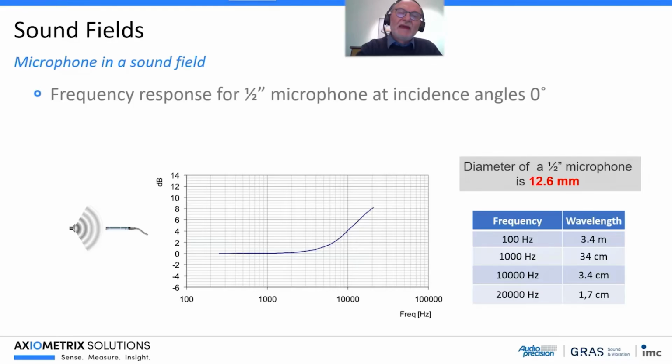The influence of using the half-inch microphone pointing at the source is according to the blue graph here. So above 20 kilohertz we are almost 8 dB higher. So we are making a wrong measurement of about 8 dB.